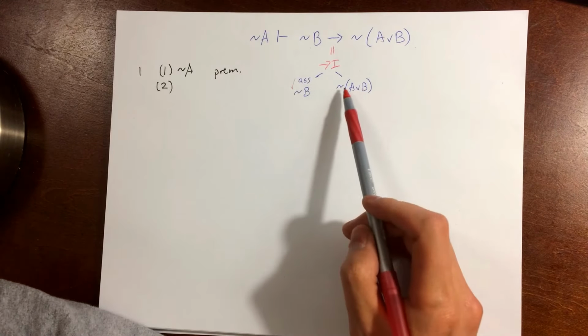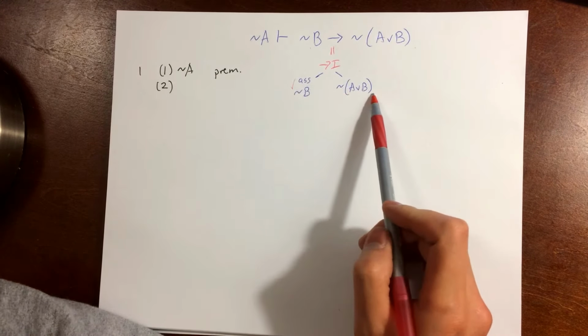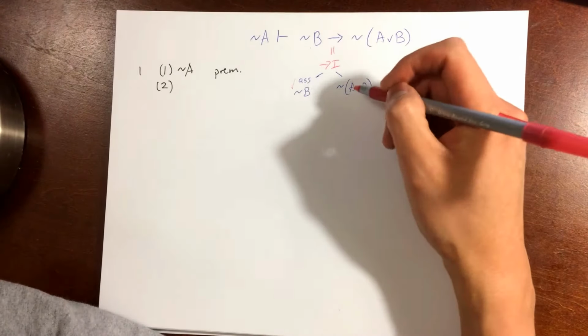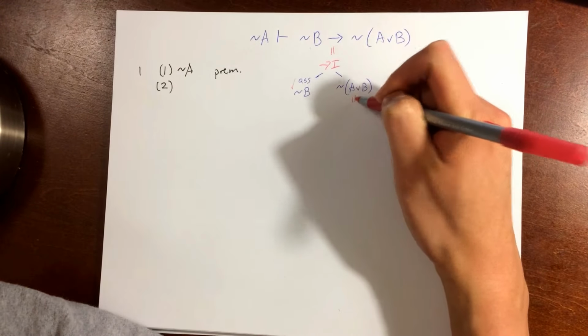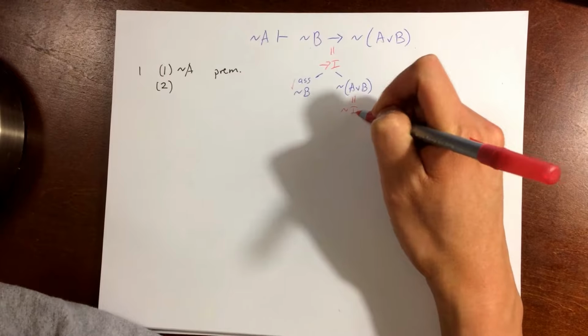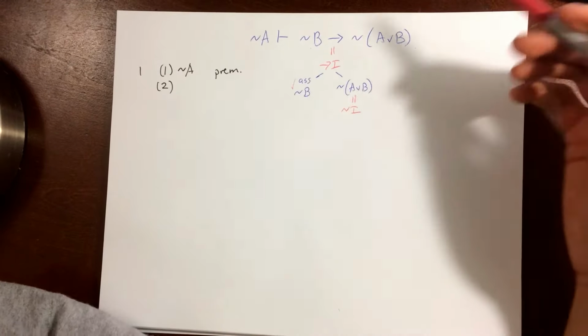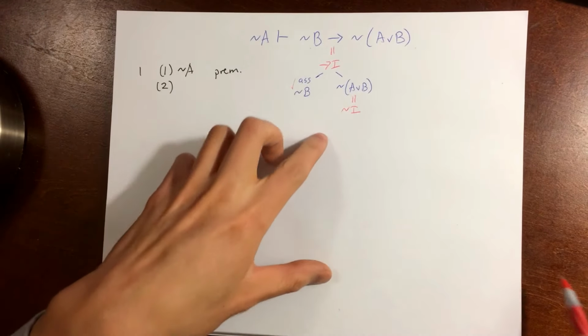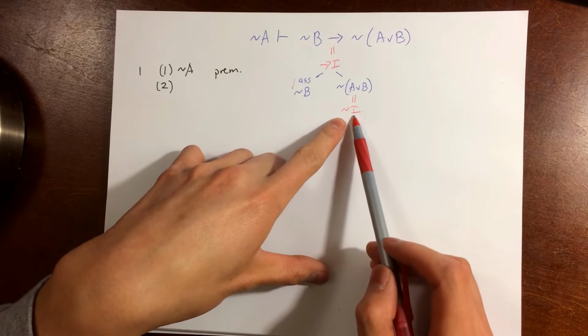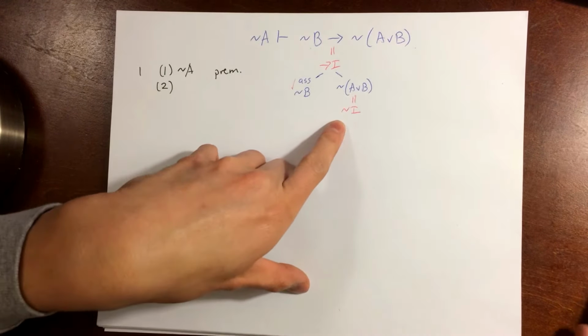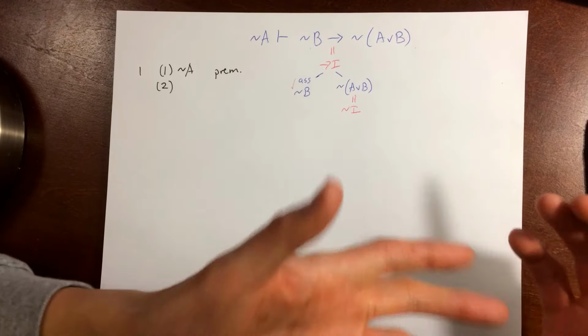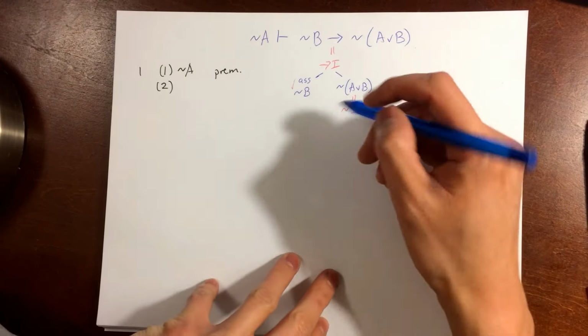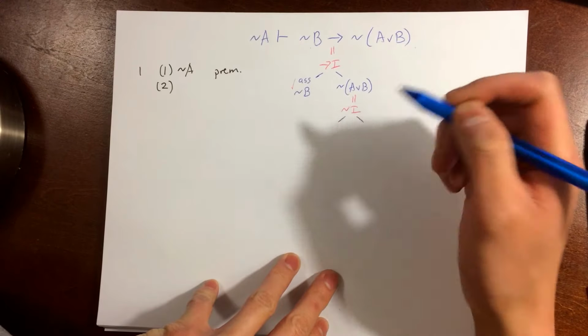So if you see here, this is a negation, a negated formula. And so to produce a negation, we need to apply the rule of negation introduction. The introduction rules create the kind of formula with which it's named after. So negation introduction will produce a negation. And so how do we use negation introduction? We need to refer to 2 lines.